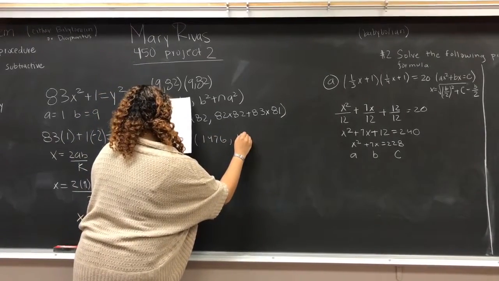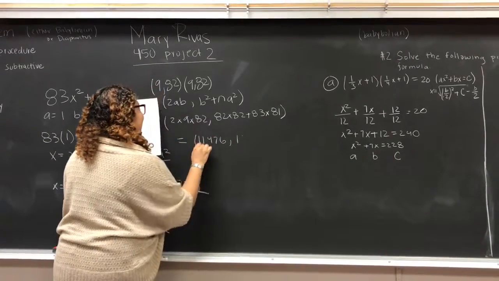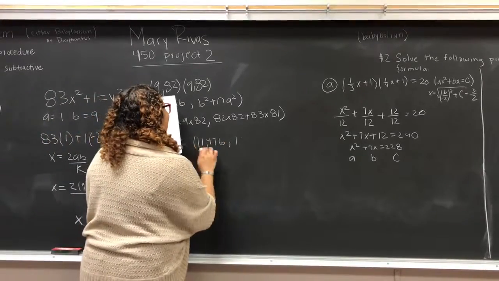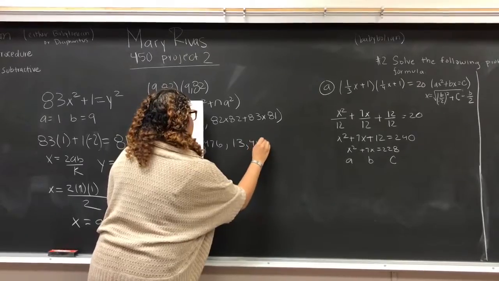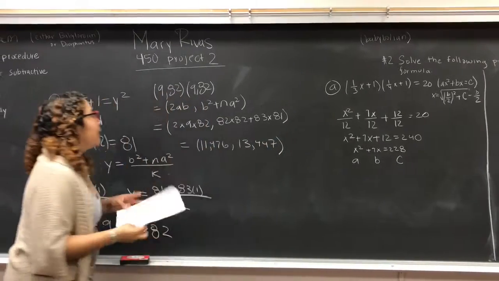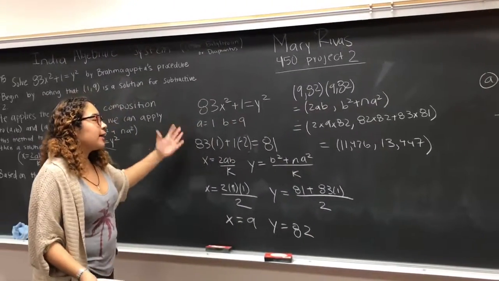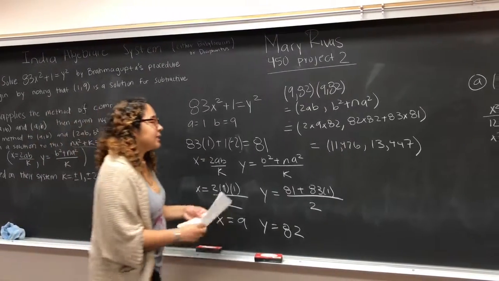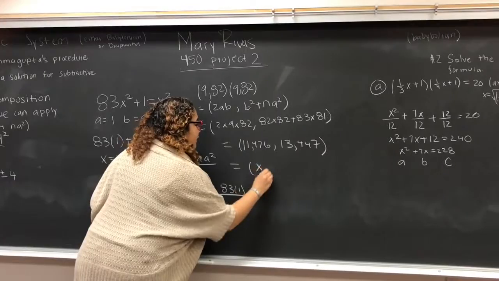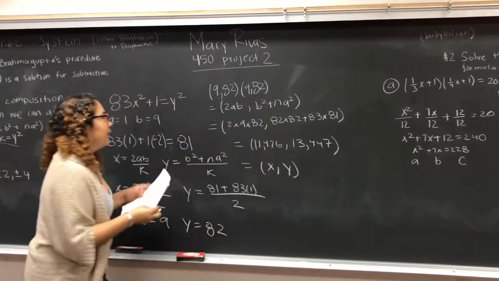No, it's not 1,000. It's 11,476, and then 13,447. So we can keep on doing this method of composition, and we can get various solutions to this problem, and basically we get the general case of x comma y for our equation.